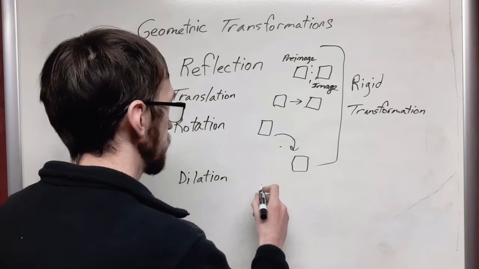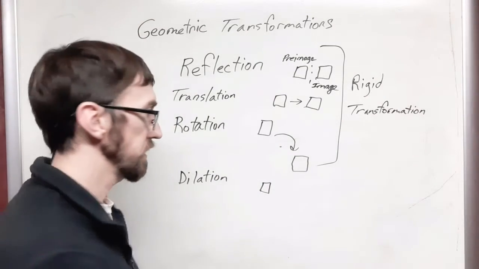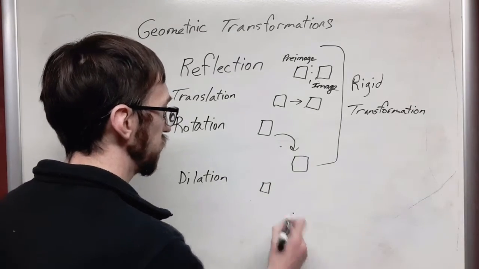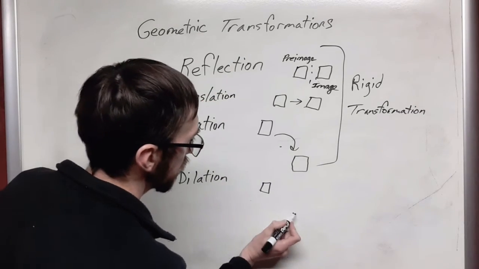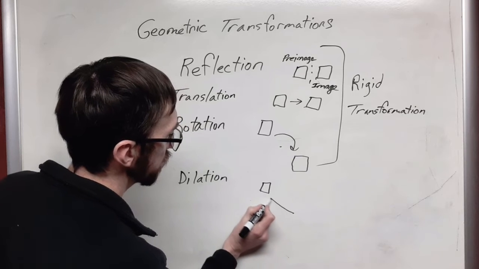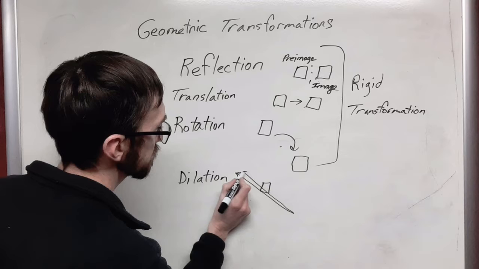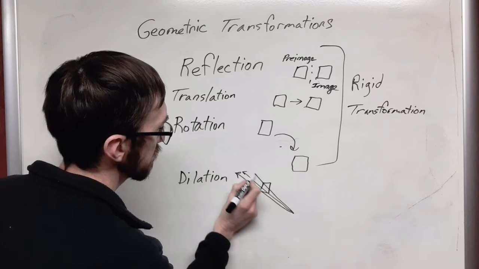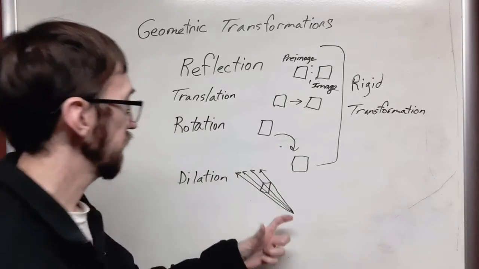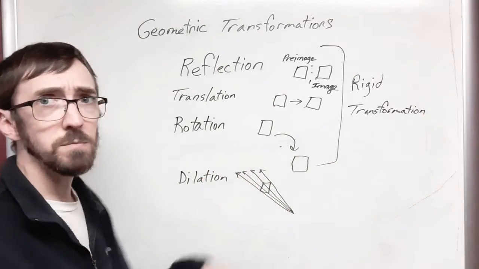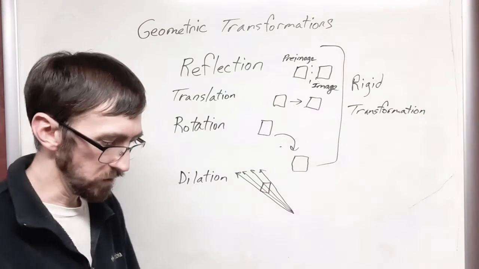And so if I take an image like a square like I've been using, and I choose a point outside, I project lines from that point through the vertices, and then if I want to expand this object, I draw lines out here that are going to be parallel to the original.